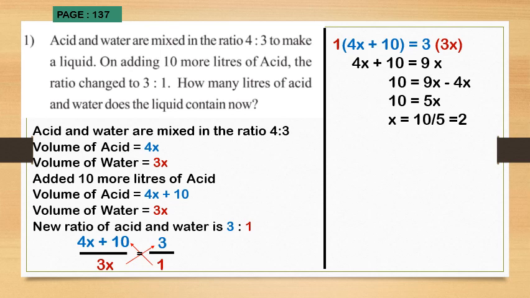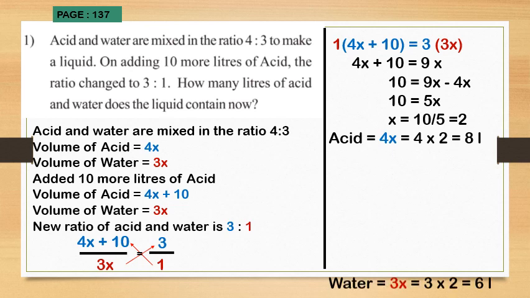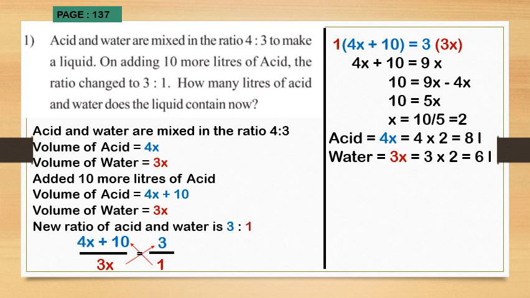What is our question? How many liters of acid and water does the liquid contain now? So we can find it. In the first mixture, we know volume of acid equal to 4x. Then substitute x, we get 4 into 2 equal to 8 liters. Then volume of water equal to 3x.